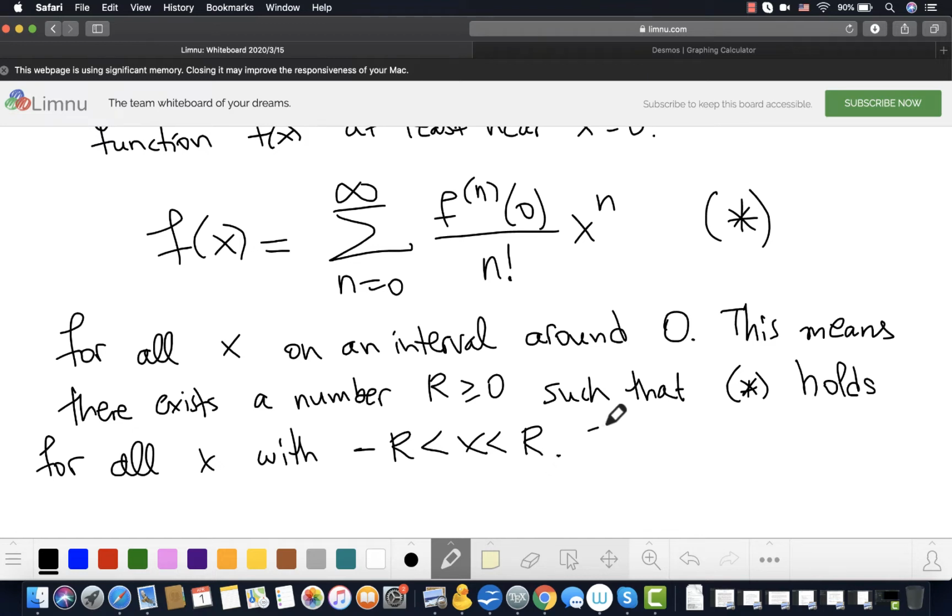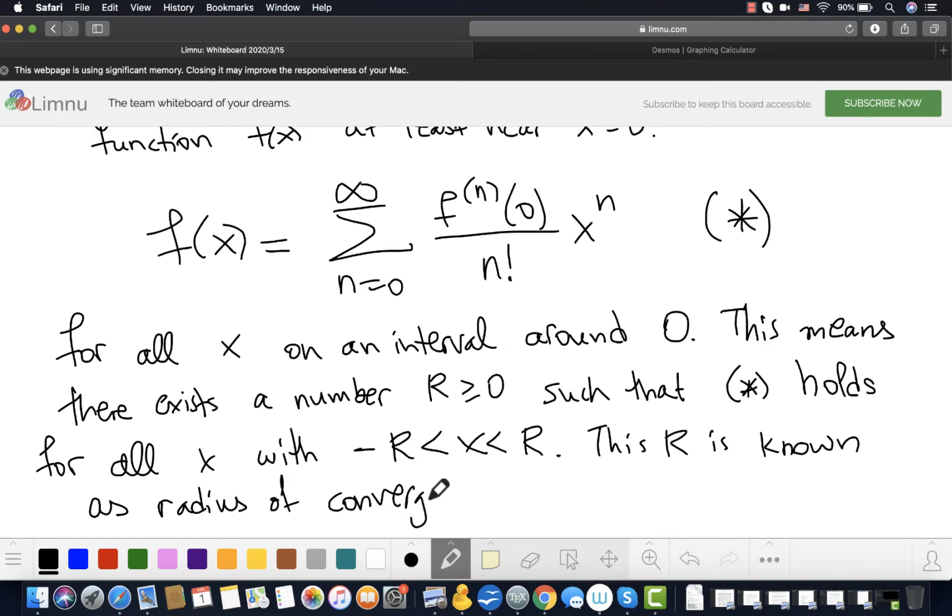So this r is known as the radius of convergence. And oftentimes you can obtain this value r by using the ratio test. You can use the ratio test to figure out for which values of x the series will converge, and usually it's going to be some number r.